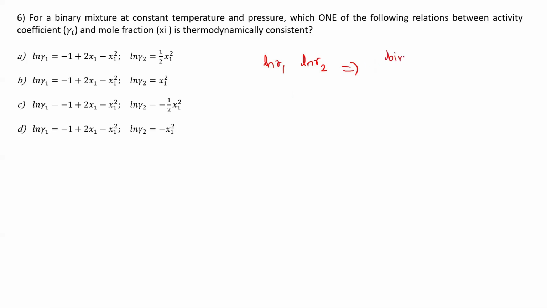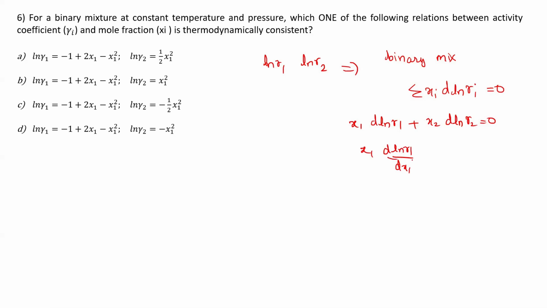For a binary mixture, we have already looked into the fact that sigma xi d ln gamma i equals 0, right? So that's how we have written x1 d ln gamma 1 plus x2 d ln gamma 2 equals 0. And I can write this as x1 d ln gamma 1 by dx1 plus x2 d ln gamma 2 by dx2 equals 0.